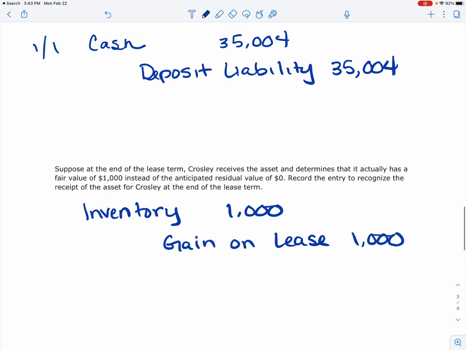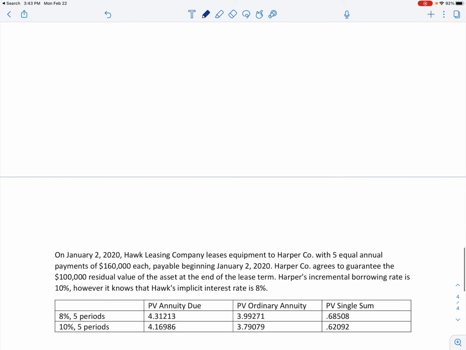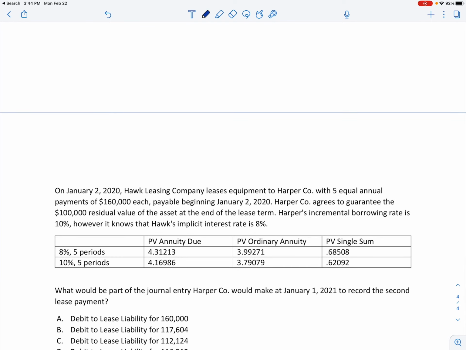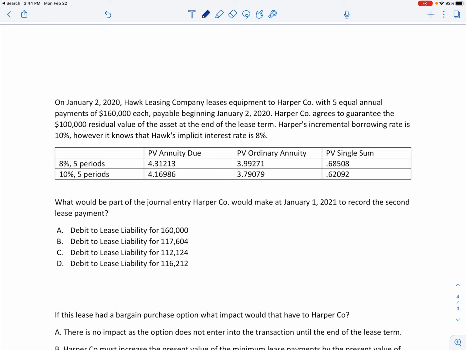Now, as always, I want to show you a little bit of how these homework problems translate into exam problems. This would be a great time to stop the video, put it on pause, maybe see if you can do this on your own, and then come back and see if you got it right.